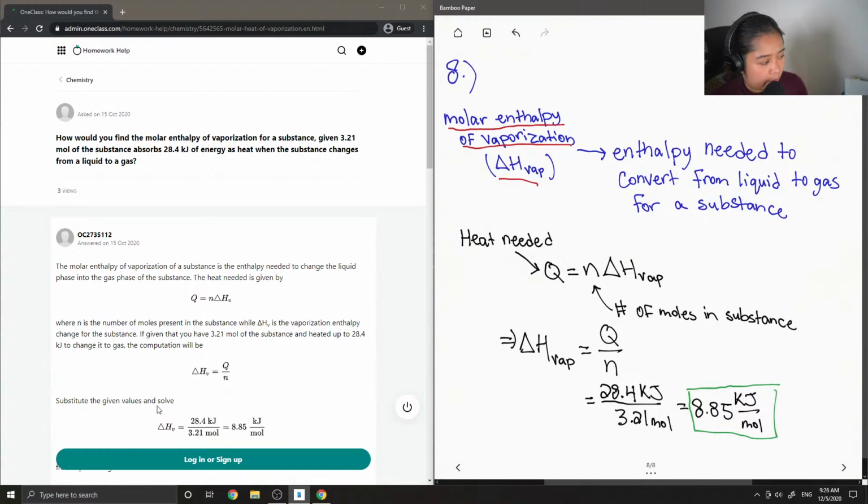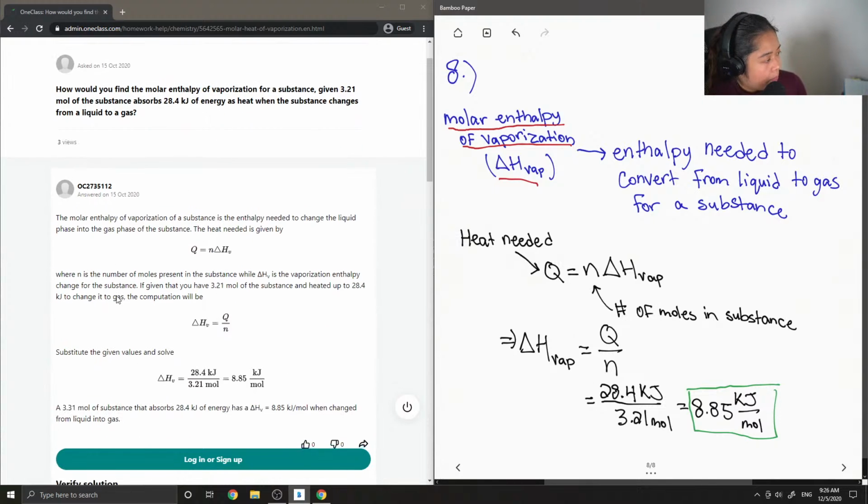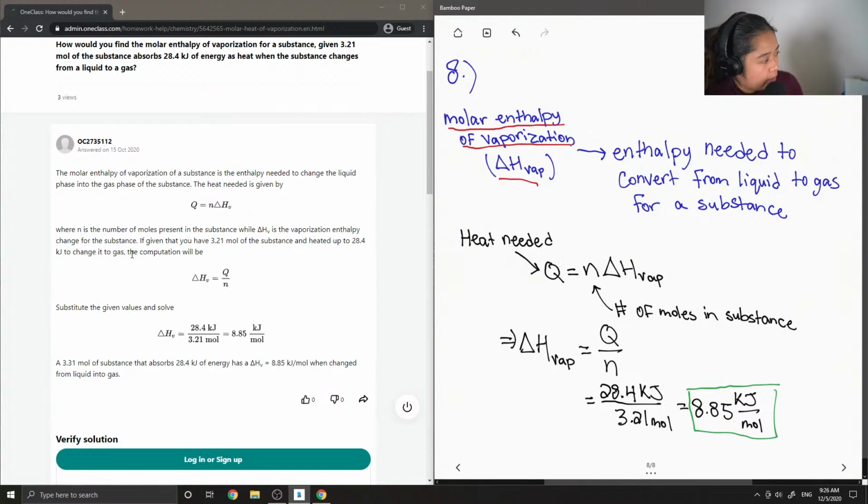Okay, so let's see what the junior tutor said. The molar enthalpy of vaporization of a substance is the enthalpy needed to change the liquid phase into the gas phase of the substance. The heat needed is given by Q equals n times delta H vap, where n is the number of moles present in the substance, while delta H is the vaporization enthalpy change.